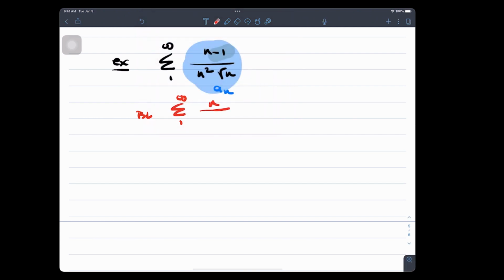So you got n over n squared square root of n. Do a little bit of algebra here, ladies and gentlemen. Isn't that going to be 1 over n square root of n, 1 over n to the what? 3/2.